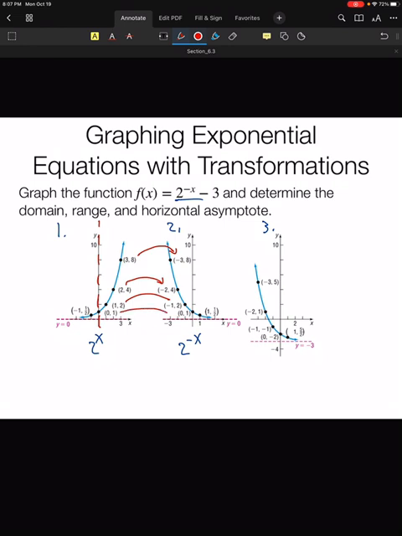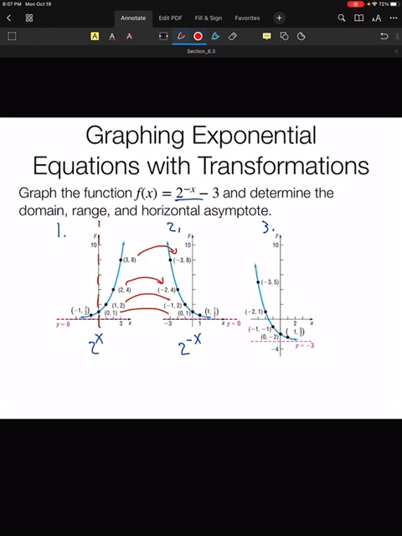Negative 0 is still 0, so 0, 1 stays the same, so on and so forth. That's all that it means. Literally, it means I put a negative in front of the x, which means the x values become negative, and the graphical representation is that the graph flips over the y-axis.